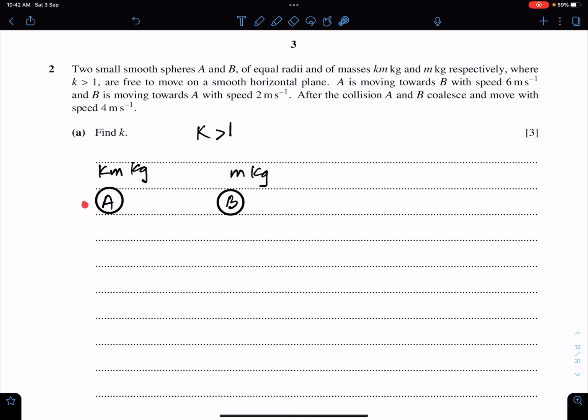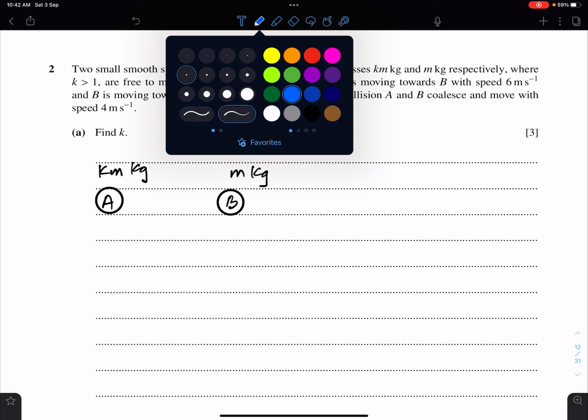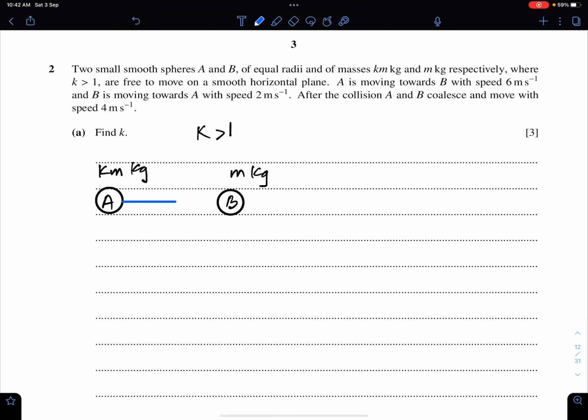This means mass of A is greater than the mass of B. They are free to move on a smooth horizontal plane. A is moving towards B with speed 6, so the speed of A is 6.